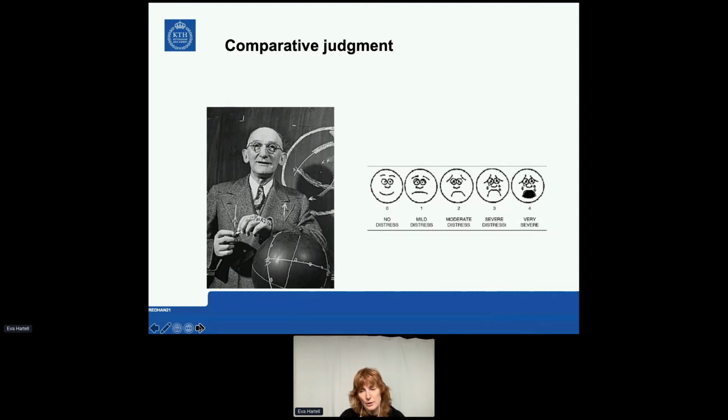And he ended up with the law of comparative judgment, which at a glance, you could say, is that you compare. For instance, if he would ask his patients, so do you feel better now? That's perhaps difficult to say, but if you say, do you feel better today than you did yesterday or the day before?